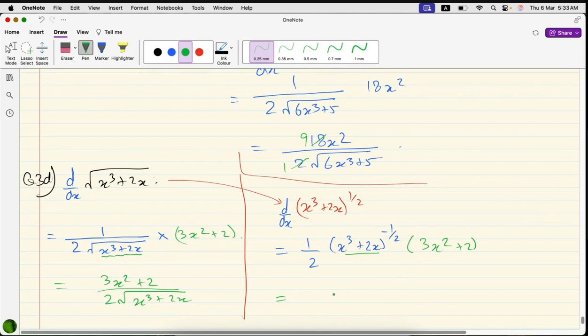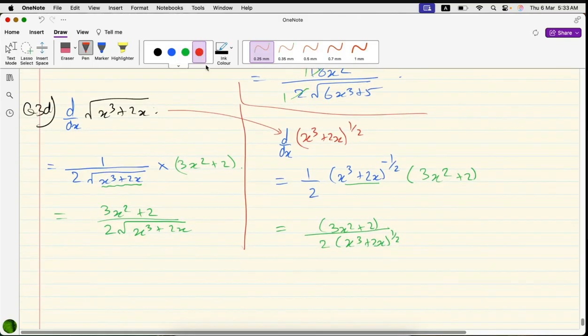This negative power is coming down. 3x square plus 2 is already there. Because of that negative power, it is coming down. This is x cube plus 2x to the power 1 by 2. Now 1 by 2 could be written as square root. So that's 3x square plus 2 over 2 square root x cube plus 2x.